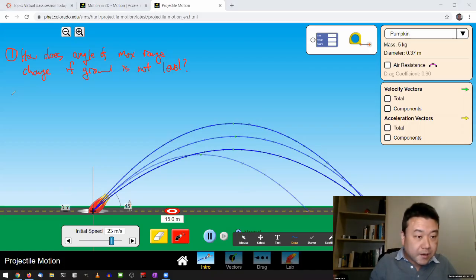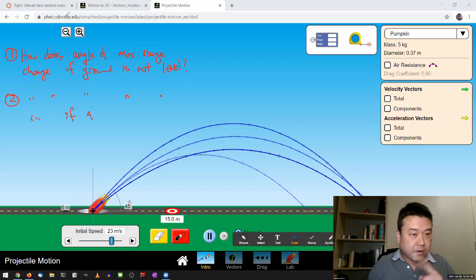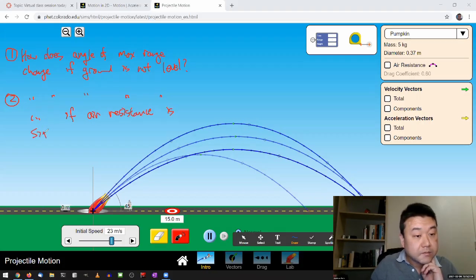Question two is a similar question: how does the angle of max range change if it's not truly projectile motion, as in if air resistance is significant?